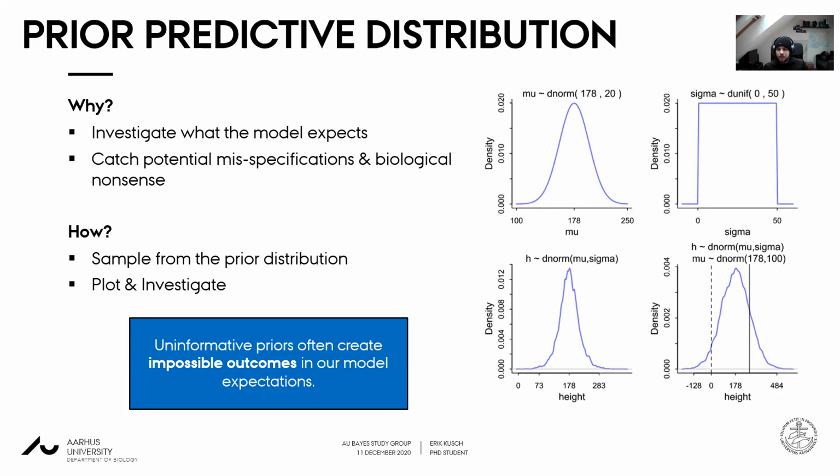The important thing to take away from this is that uninformative priors often create impossible outcomes in our model expectations, meaning we can certainly do better once we input priors which are better suited to giving us biologically feasible expectations.